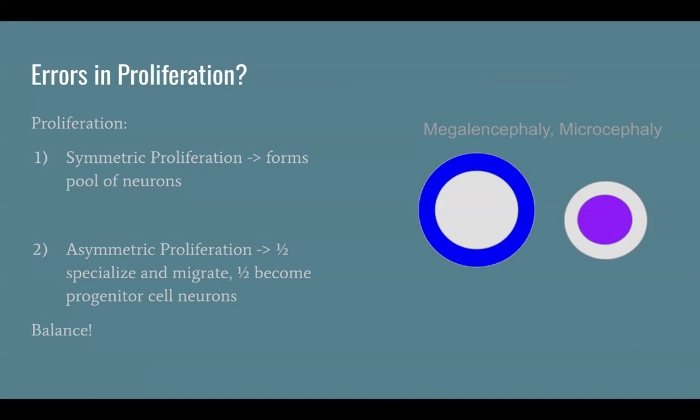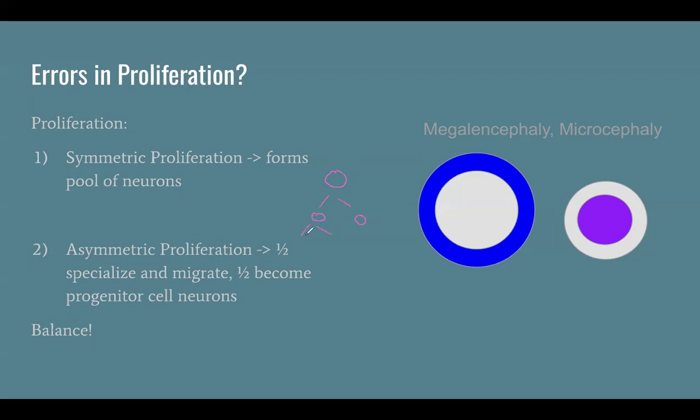Basically, there are two types of proliferation: symmetric proliferation and asymmetric proliferation. Symmetric proliferation is a process in which your mother cell, or your father cell, I believe actually, creates two identical daughter cells.